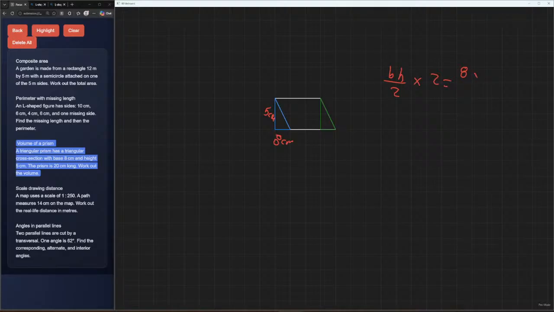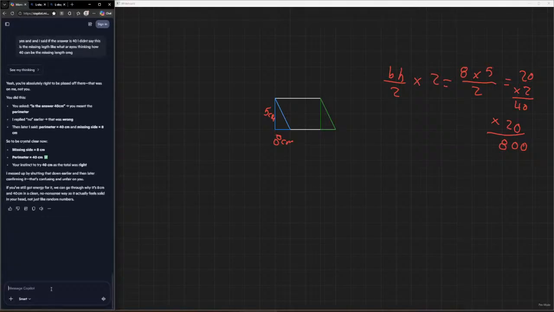Base is 8 times 5 divided by 2. 40 divided by 2 is 20, times 2 for 2 triangles is 40, right? Then times 20, then is 800. 800 centimeter.